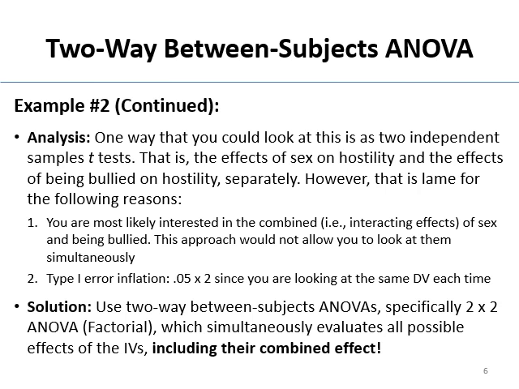Specifically, this is a 2x2 factorial ANOVA, which simultaneously evaluates all possible levels of the IVs, including their combined effect. Wow, I was excited when I wrote that. But it's true. You get to simultaneously look at the effect of both independent variables rather than one at a time, which is not as fun.